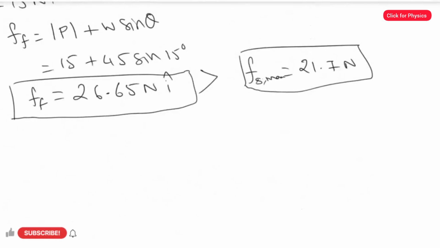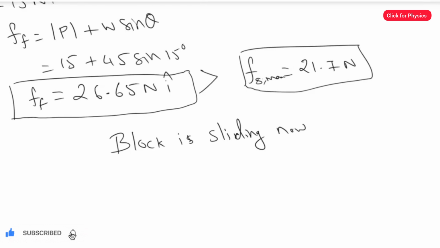So now the block is sliding. Now what answer you have to write? After you applied minus 15 Newton I cap, what is happening? We are exceeding the value of the maximum static friction. So what you have to write? We have to write the block is sliding now.